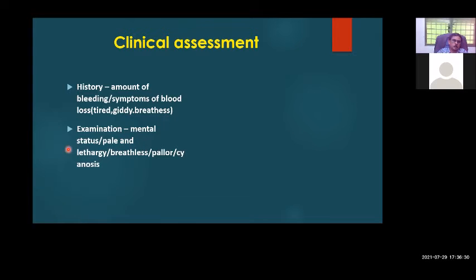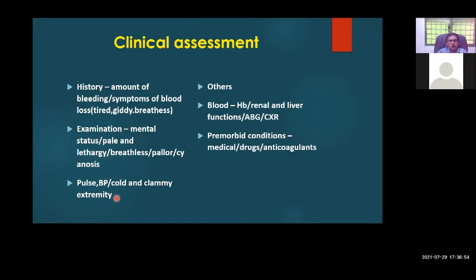Then a thorough examination is necessary to evaluate the mental status, pallor, lethargy, breathlessness, and cyanosis. The BP, pulse, and cold clammy extremities are important indicators of the severity of the bleeding.